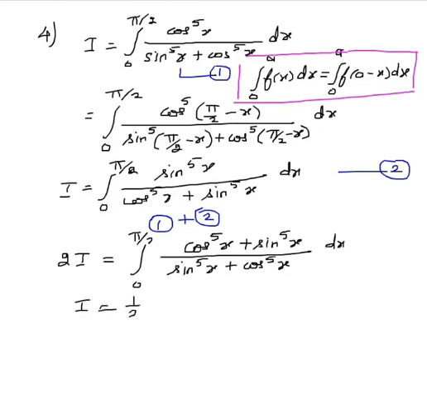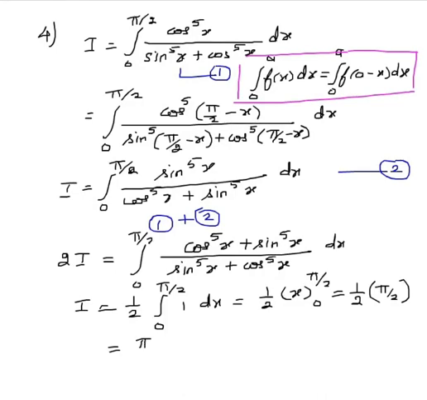Therefore, I is half into integral 0 to pi by 2 of 1 dx. Half into integration is x. The limits are 0 to pi by 2. Substitute the limits. Half into pi by 2 minus 0. The answer is pi by 4.